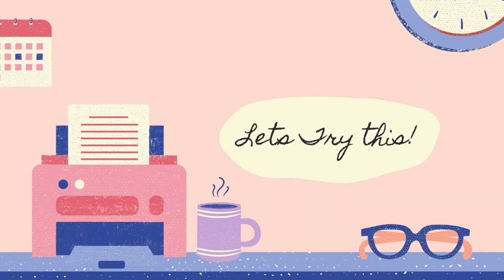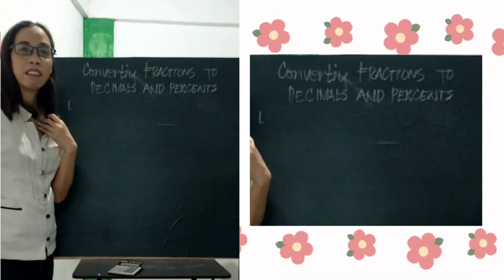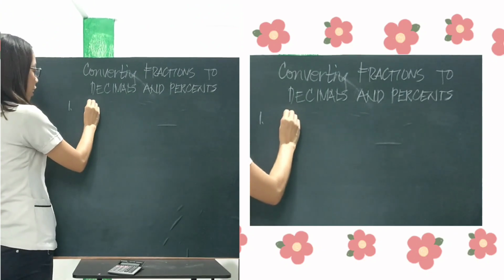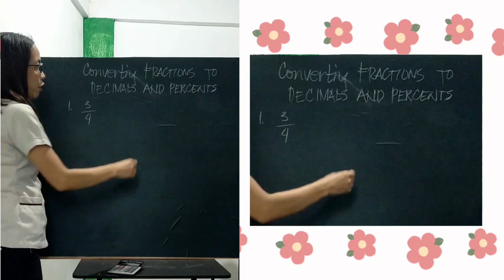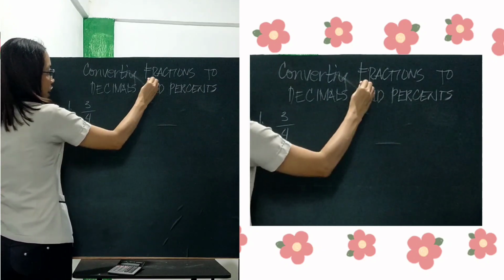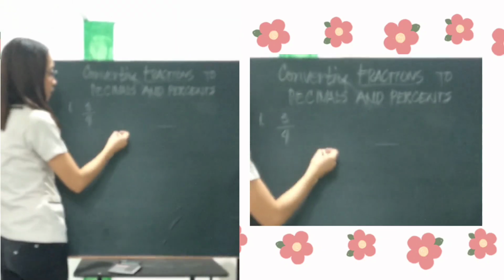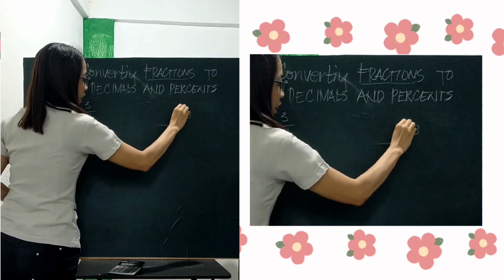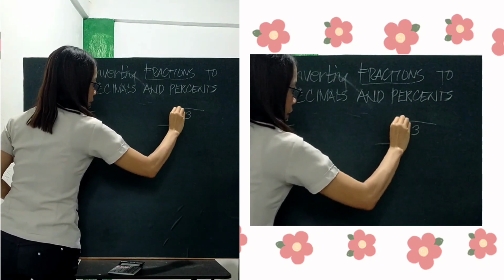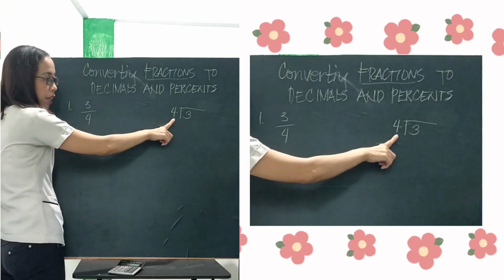Let's try another example: 3 over 4. We will convert this fraction into decimals and percent. How do we convert it? We just divide the numerator by its denominator, so that is 3 divided by 4.